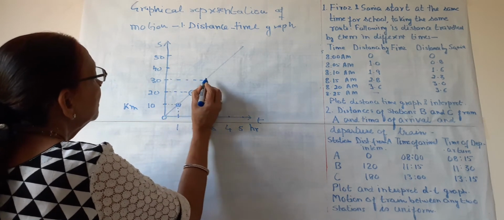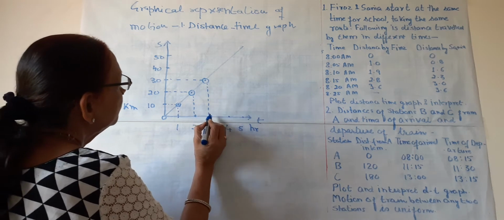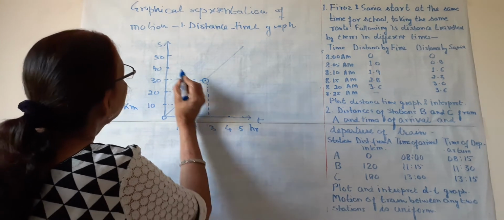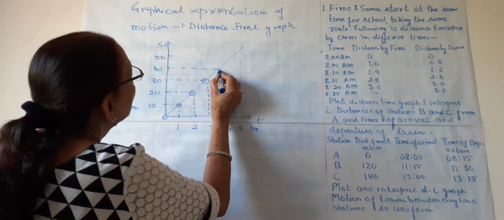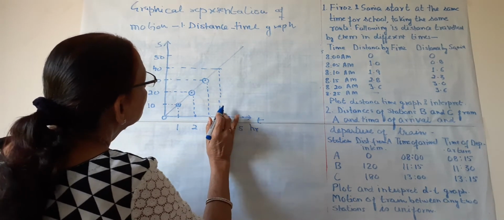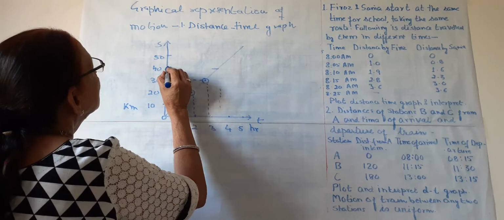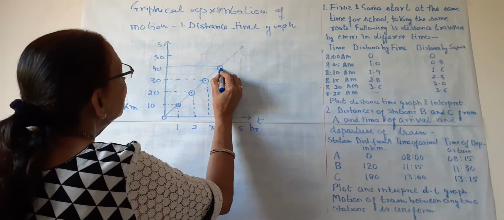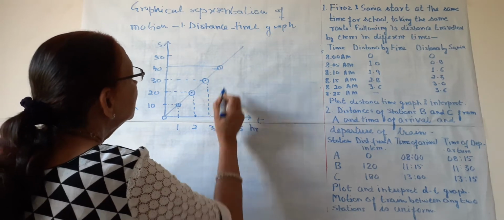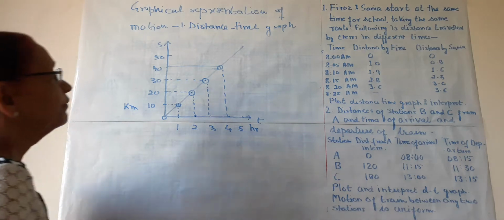In the third hour, it traveled like this. Suppose in the fourth hour, the car is moving like this, and then the fifth also.